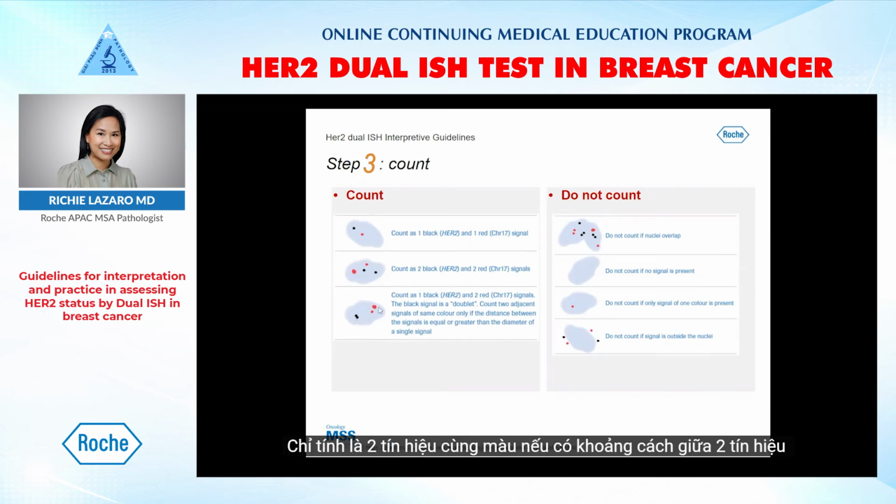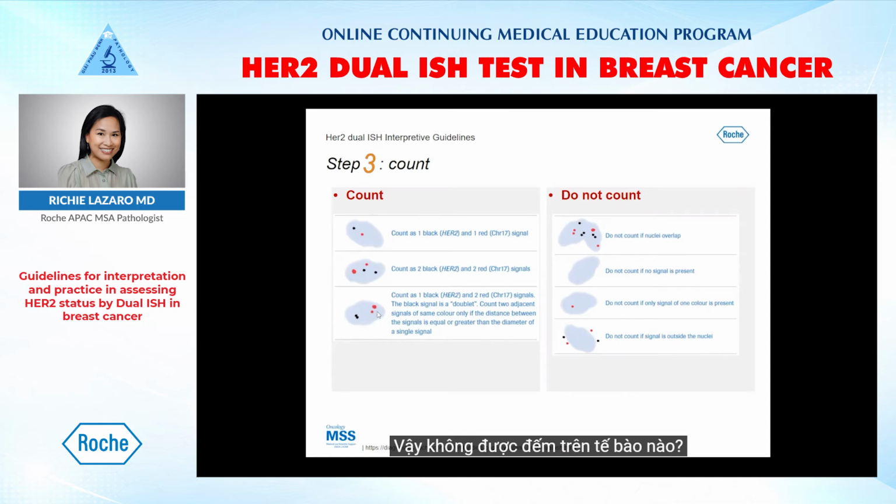Count 2 adjacent signals of the same color only if the distance between the signals is equal to or greater than the diameter of a single signal. So in this illustration, this black doublet is counted as 1, and the red signals here are counted as 2.